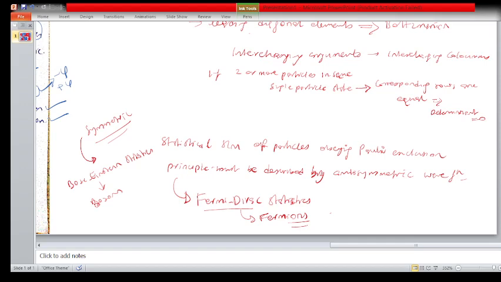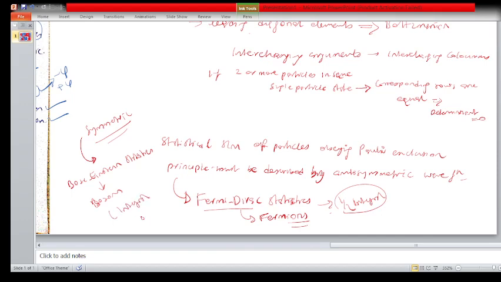One more thing you have to understand here is that fermions are half integral spin particles, like electron, neutron, proton, all of them are fermions. Bosons are integral spin particles.